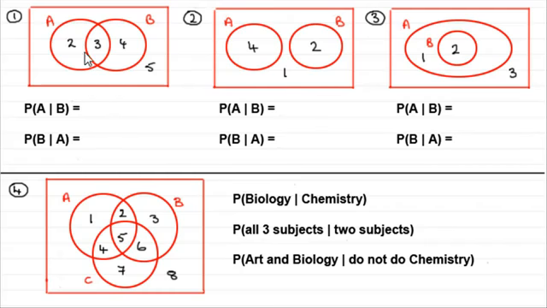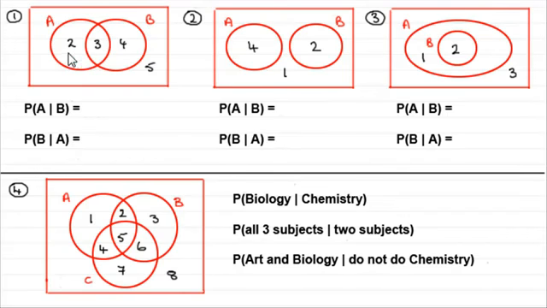Now I've given you three Venn diagrams up the top here where we've got just two sets involved, and each one is different. In the first one we've got two overlapping sets, and we could imagine that A and B say stand for number of people doing a particular subject like art and biology.